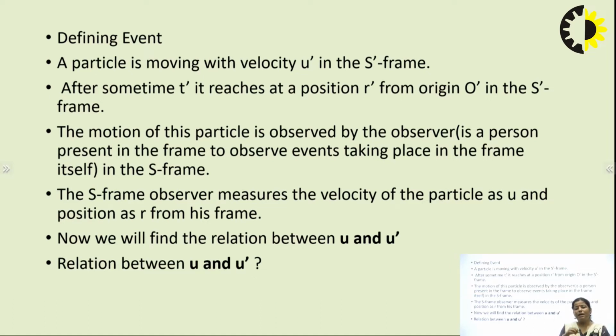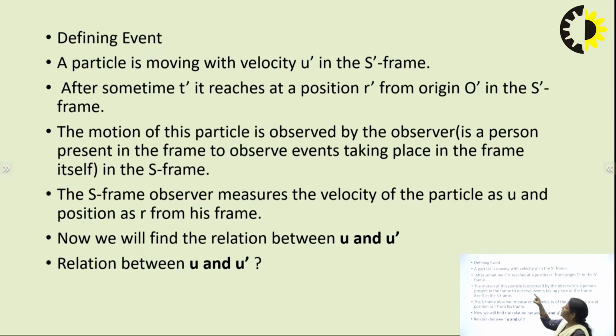Two particles are colliding, two particles are moving towards each other, all those are events. In order to study any particular activity, theorem or phenomenon, we need to define an event. We will take a very simple event so that we can understand how the entire process of velocity works and how the frame is working.